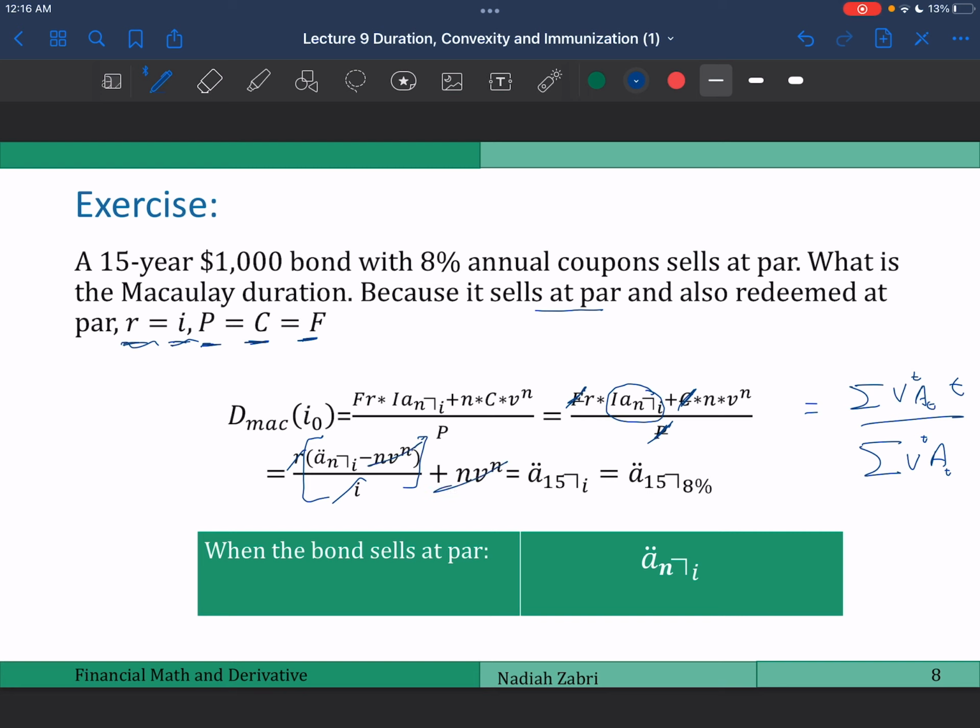So what we're left with is just this. Sorry, it should be written like this: A angle N at I, or it will be just this. So when the bond sells at par and redeemed at par, the Macaulay duration is a very simple formula as follows: ä angle N at I%.